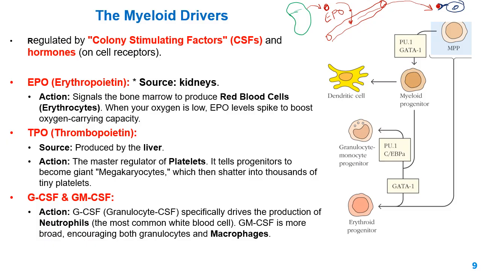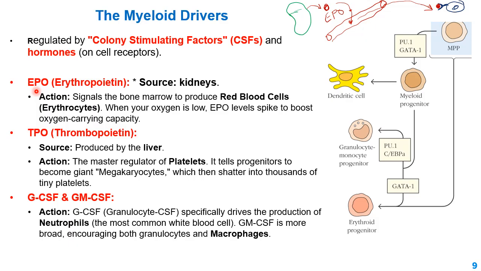So the hormone traveled in the blood, got to the target cell, and when it interacted with the receptor, it sends signals to the nucleus of this MPP cell, telling it to upregulate certain genes and downregulate others, and to transform into something else. The definition of a hormone is a molecule that is produced in one place, dumped into the blood, and travels in the blood to find its target. That's the hormone. You're welcome.